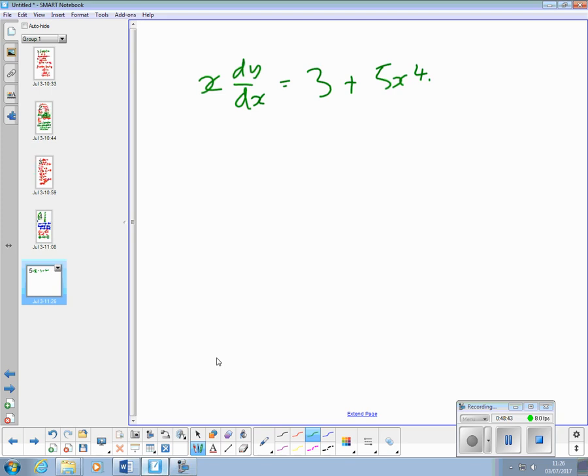We need to get rid of this x here, so we rearrange. We divide both sides by x. So we get dy by dx is equal to 3 plus 5x to the 4 over x.